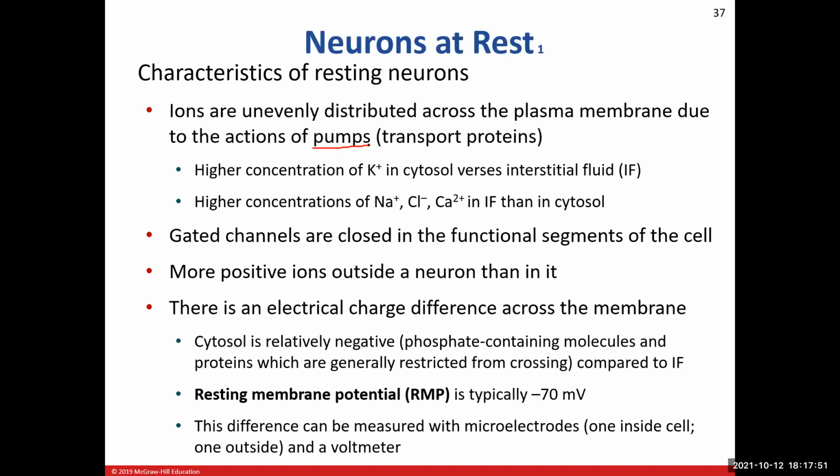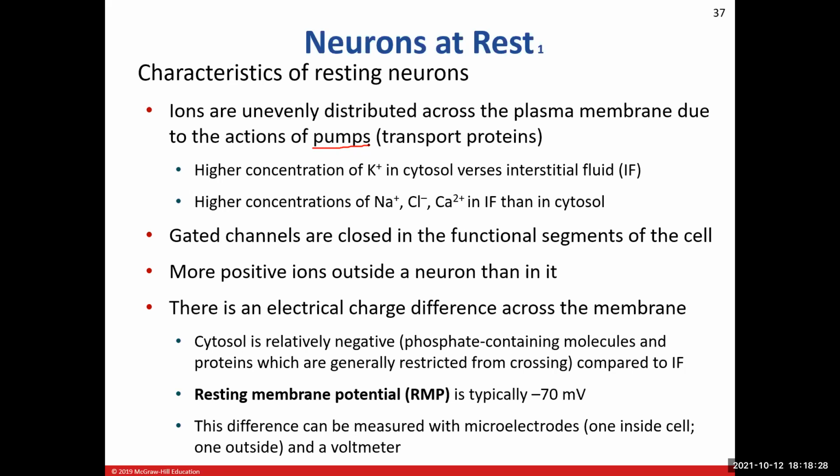Now, that's happening. Then we have our gated channels. And what did we say about gated channels? They're normally closed. So when we have a neuron at rest, these channels are closed, which means that whatever they're supposed to allow passage of is not moving through there. Because of this situation, the outside of the neuron is going to be more positive, because we have all these positive cations outside of the cell.